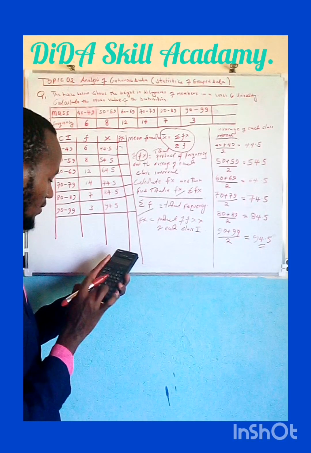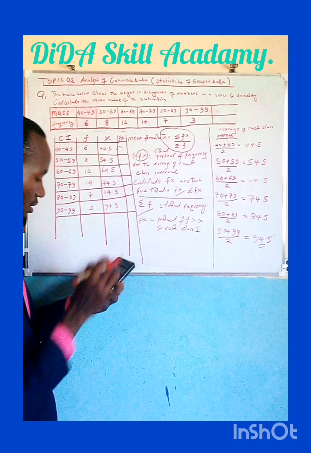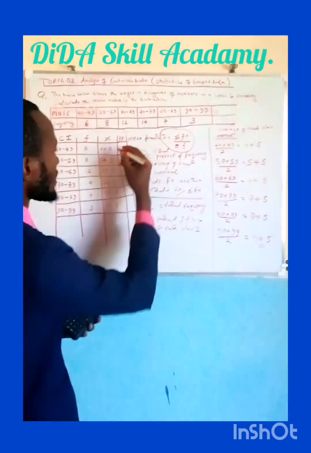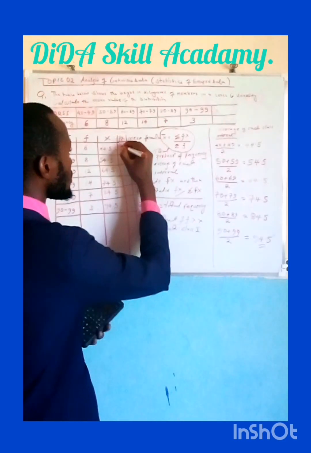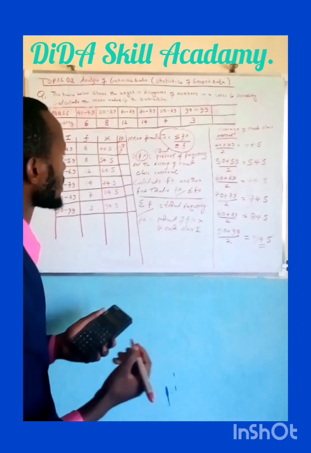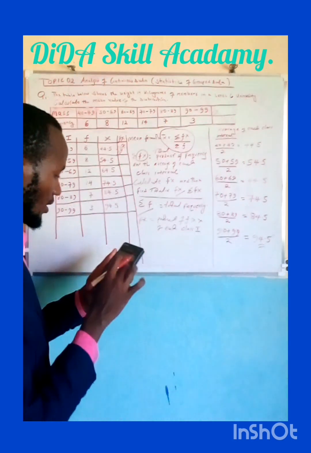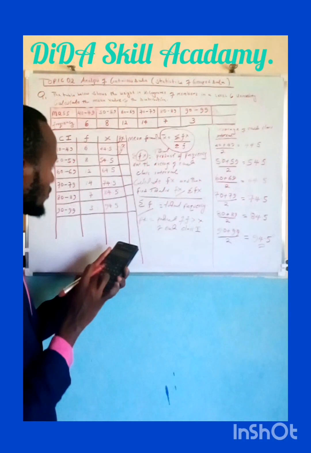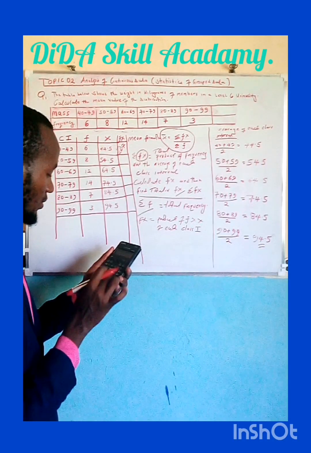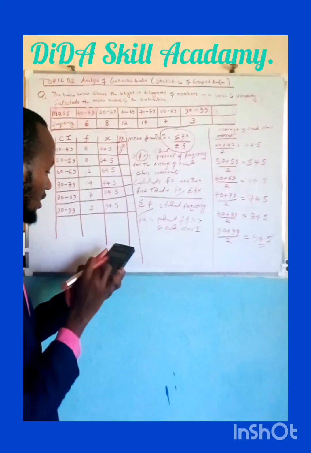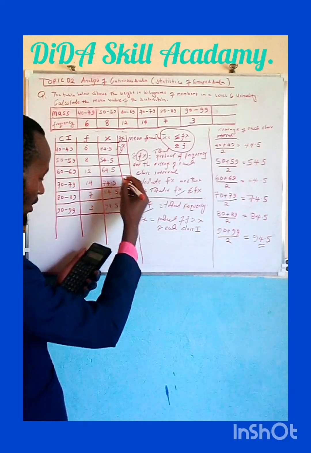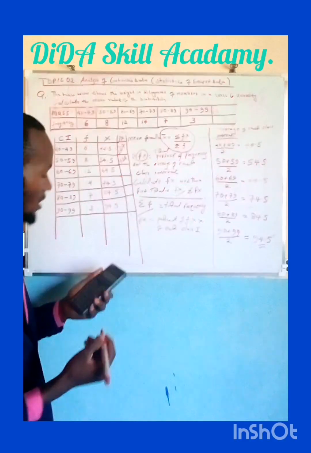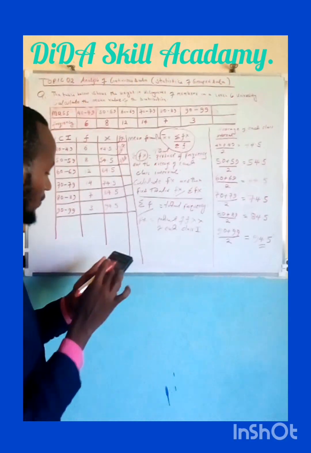Therefore, 44.5 multiplied by 6, you will have 267. A second class interval whose average is 54.5 multiplied by 8, we'll have 436.